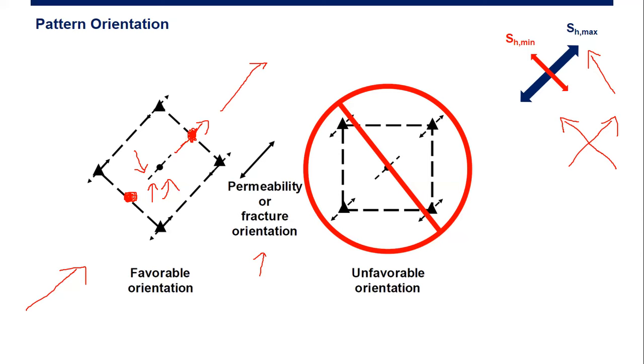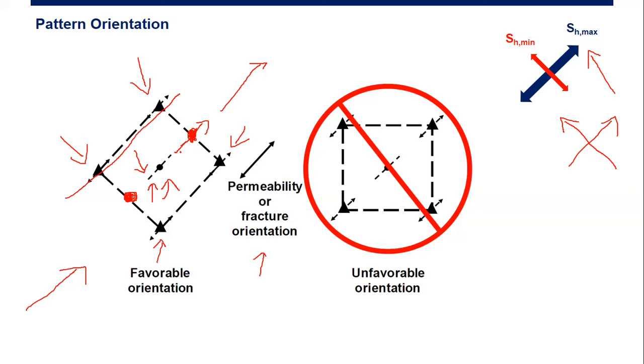So you put your producers there, like this, and the row of the producers is parallel to the direction of the maximum horizontal stress.